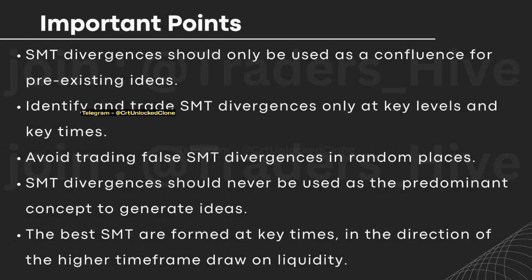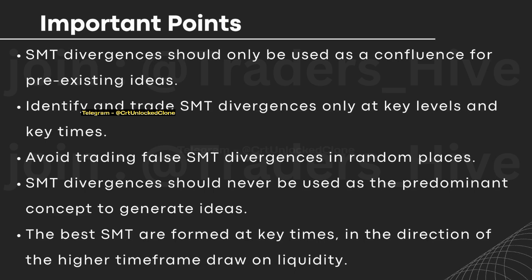Moving on, in this last slide right here, we're going to discuss some important points regarding SMT that you must remember, right? You should write them down. The first point is that SMT divergences must only be used as a confluence rather than a predominant factor for generating trade ideas, right? Next is to identify and trade SMT at key times and at key levels.